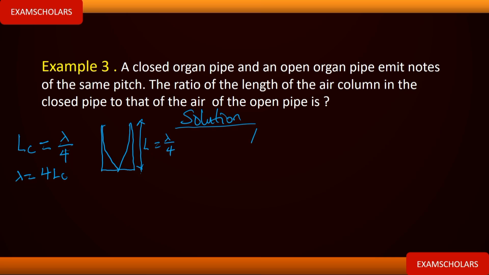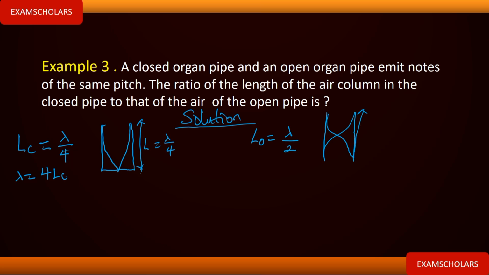Now let's come over to the open pipe. For the open pipe, L open will be equal to what? Lambda over 2. If you have forgotten, you have something that looks like this.